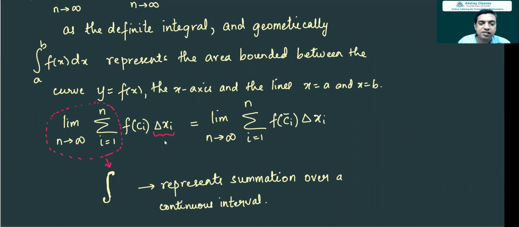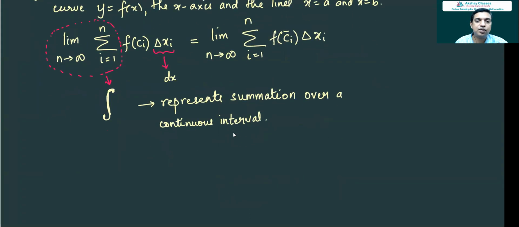And this term is replaced by dx. Dx represents the differential, a very small increment in x. That is how this whole expression is denoted as integral f of x dx, summation of f of x into dx, a to b.